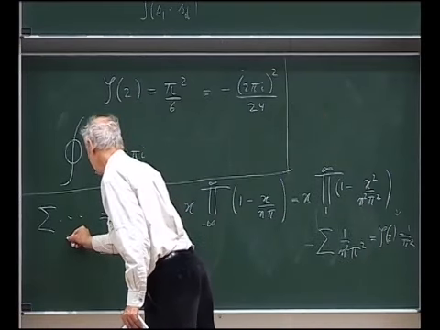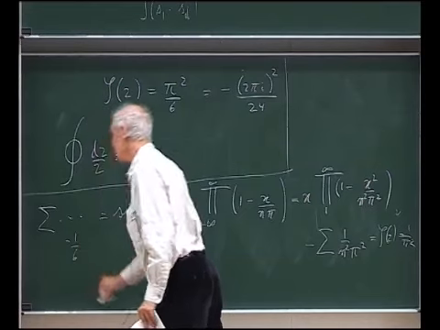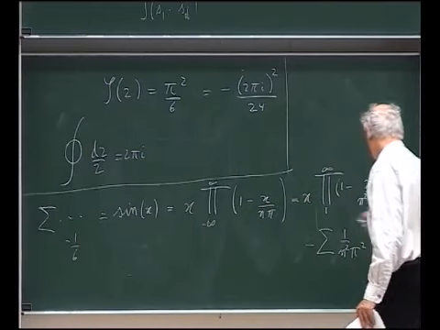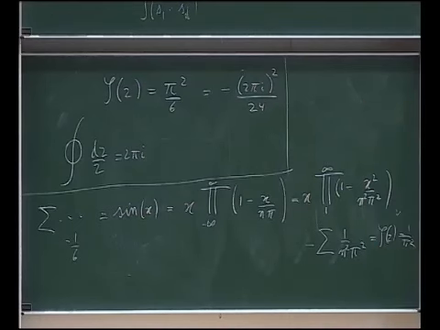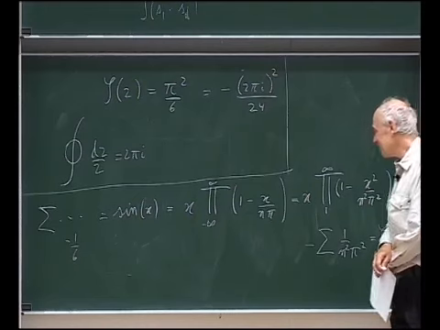So that's zeta of 2 times minus 1 over pi squared. And here you find minus 1 over 6. So you compare both and you obtain this identity. So that's the first proof of Euler.